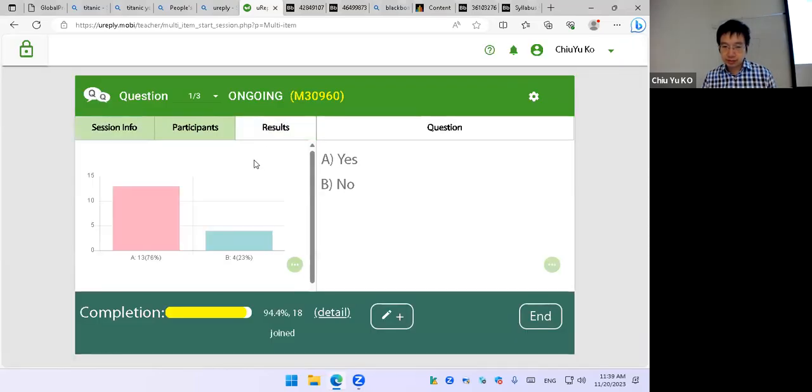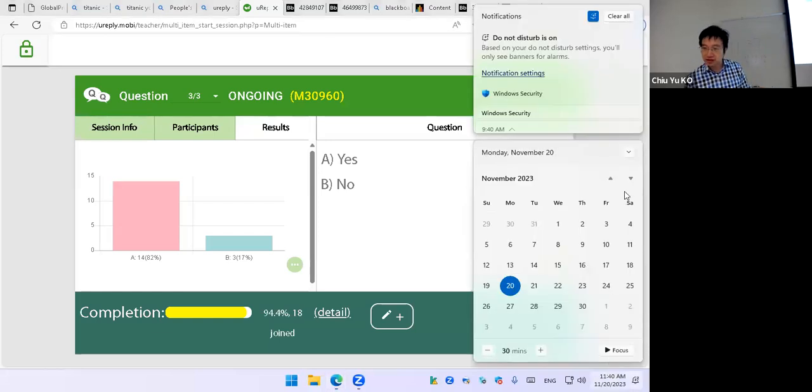We have 13 and 4 for the first one. The second one would be 12 and 5. I just pick the one that fits most of you. 14 and 3. Okay, so you want me to put December 5th afternoon? That's fine, if that is what you want.